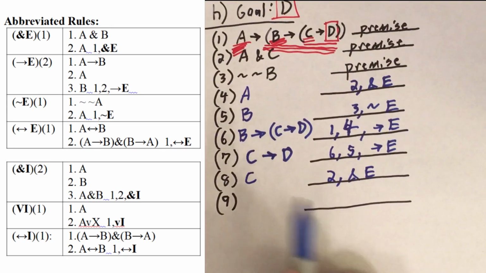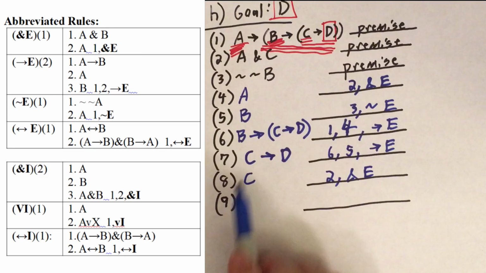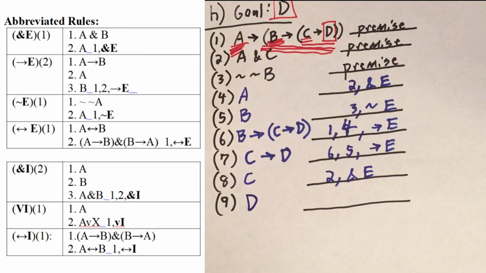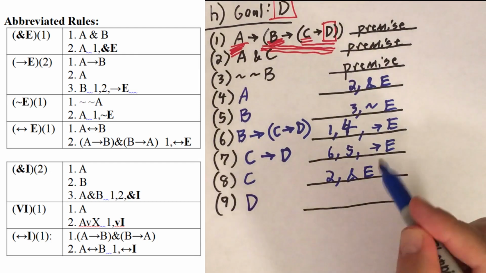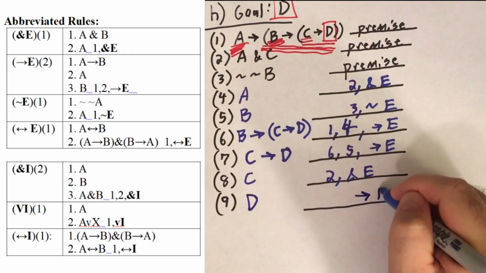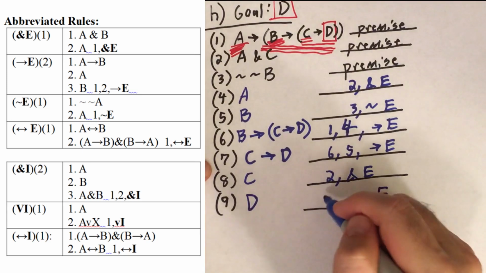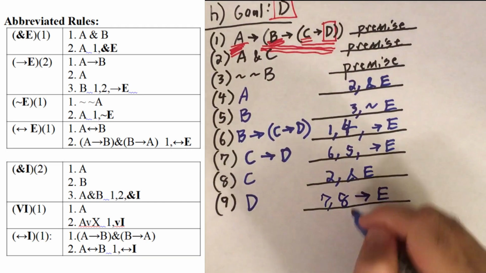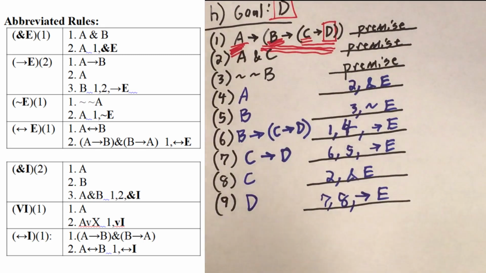Line 7 says if C is true, then D is true. Line 8 says C is true. So now I have my goal. D is true. I just have to justify it. What did I do? I took apart the conditional in 7 because I proved the left side true in 8, and I win. That is my goal, proven from my premises.